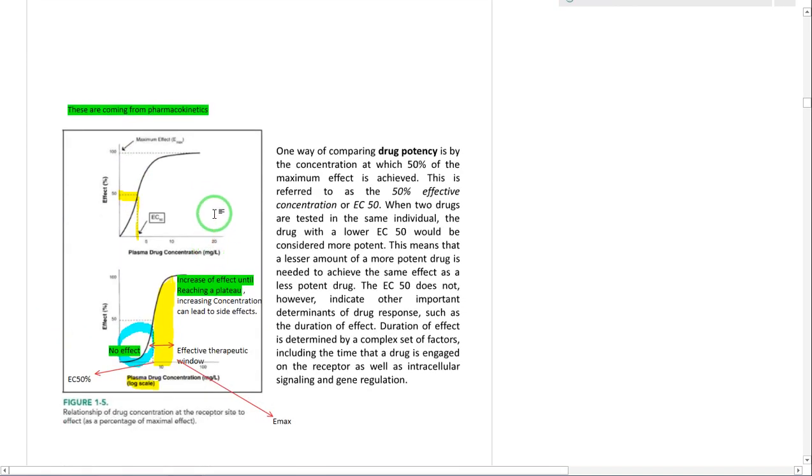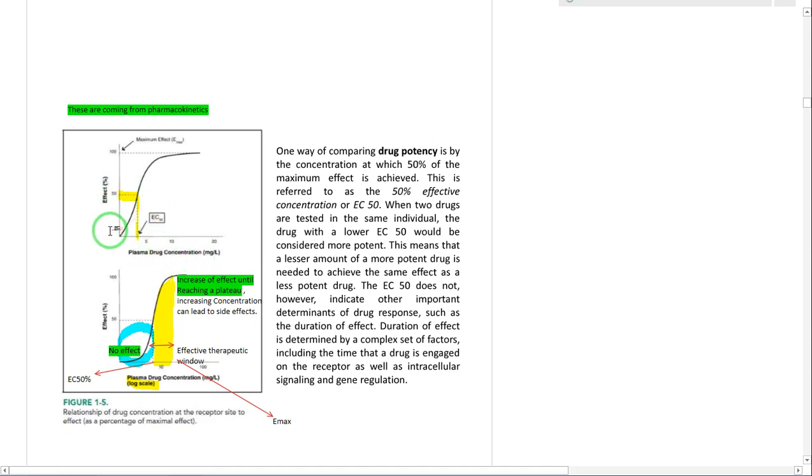So actually here we have the concentration of drug in the plasma, in the blood, and we have the corresponding effectiveness to that concentration.